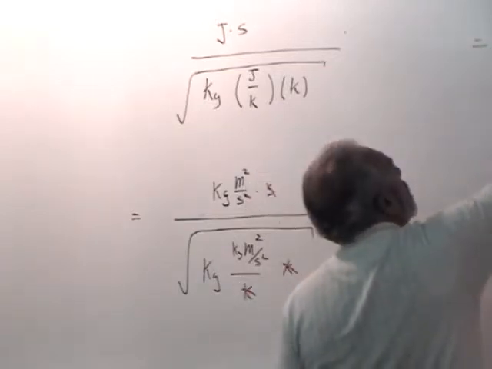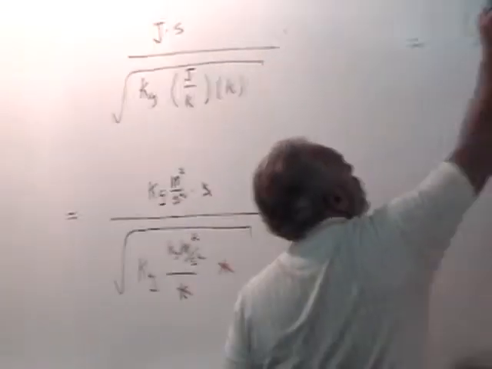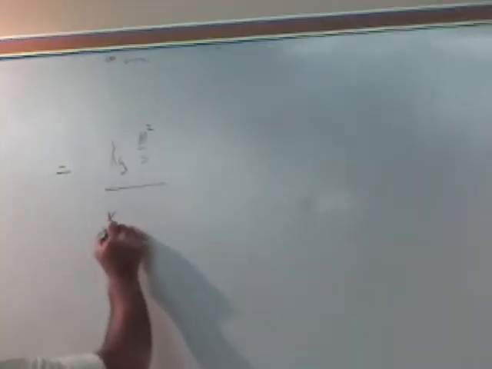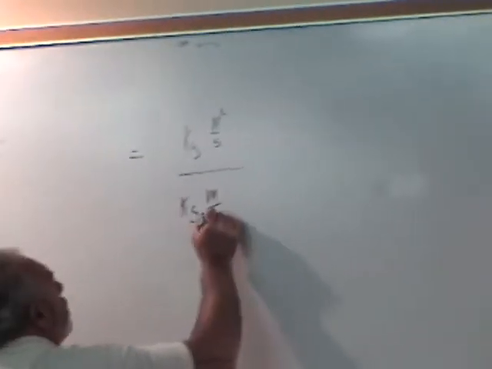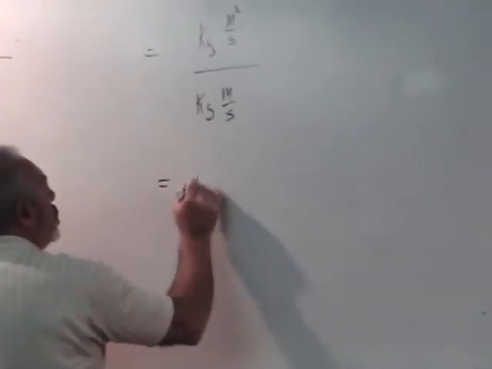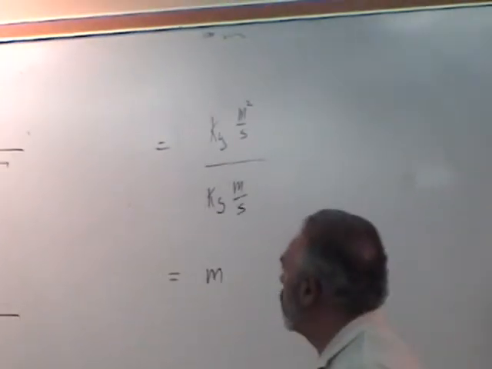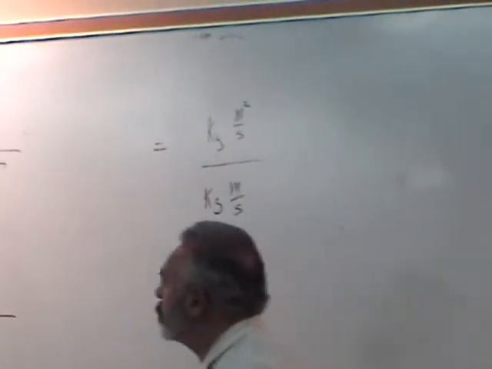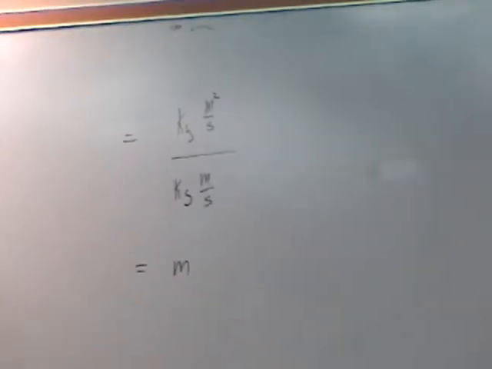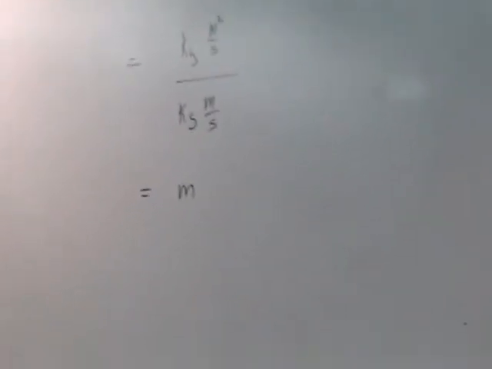So kg meters squared per second divided by kgs meters per second. And lo and behold, you get exactly what you expect. So units consistency is pretty easy to demonstrate on this one. And that says there's no obvious mistakes. Then the next thing to do is just put the correct numbers in the correct places and work it out.